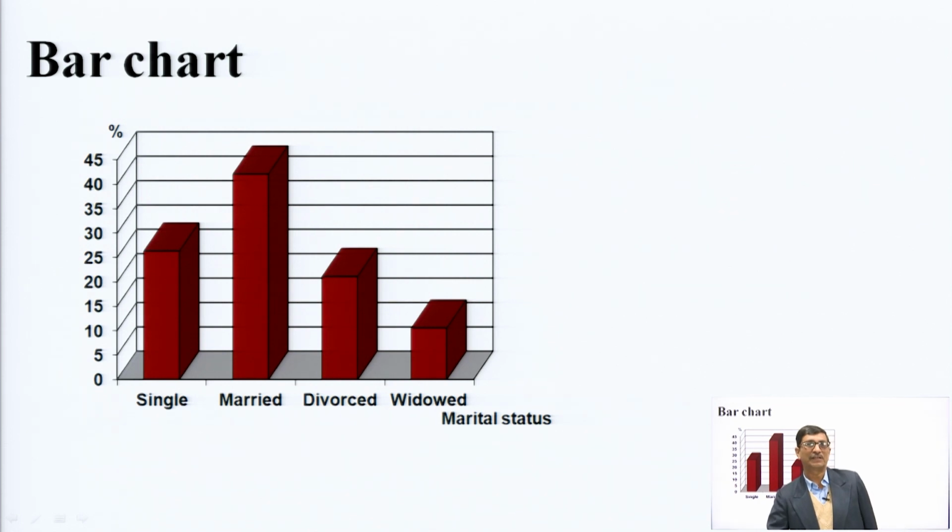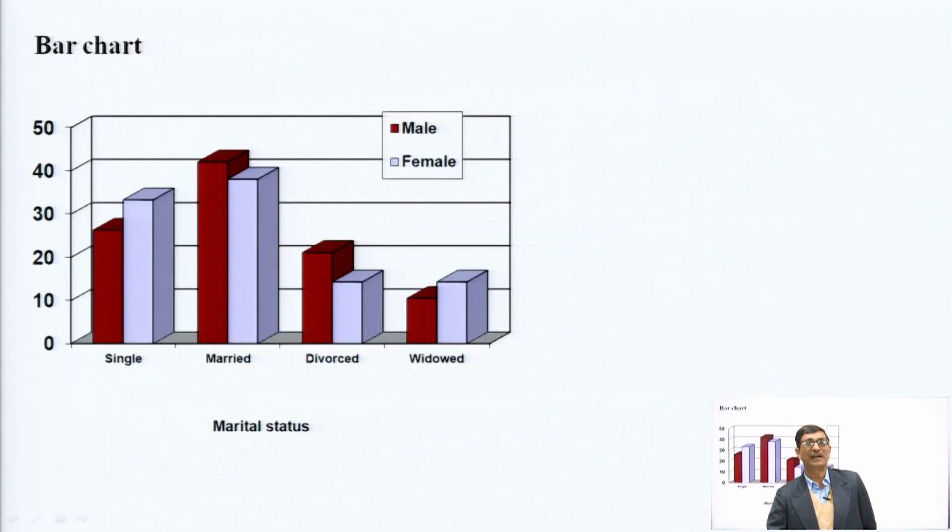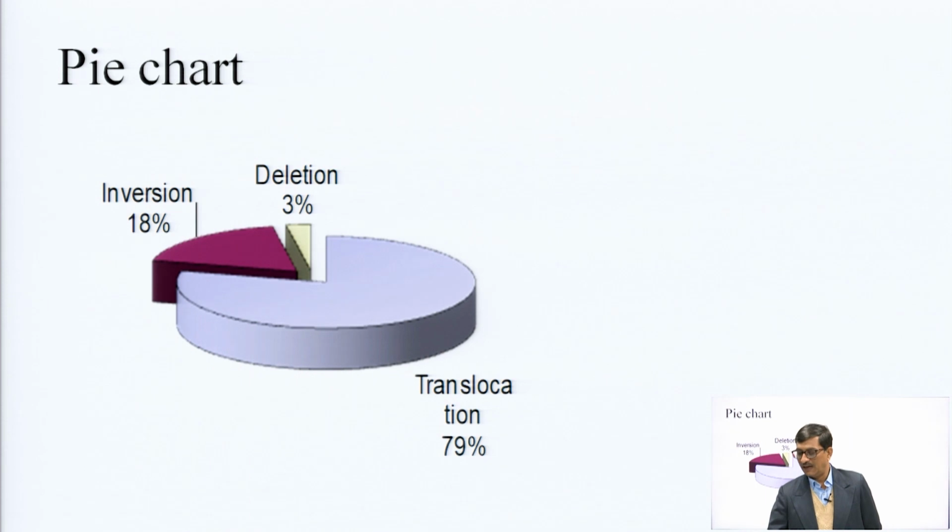In this example, we have single, married, divorced and widowed on the basis of their marital status, and we further classify into male and female. So, this is a cluster bar chart, and the pie chart is a circular representation of our data, in which each sector of the circle represents the data.